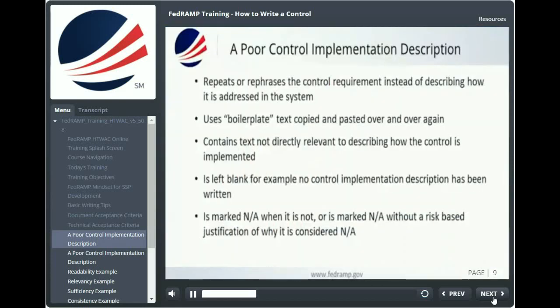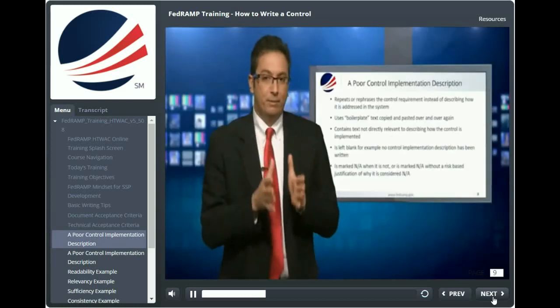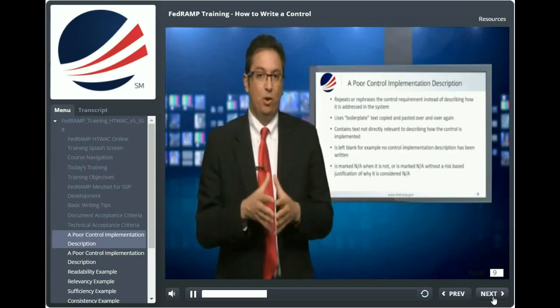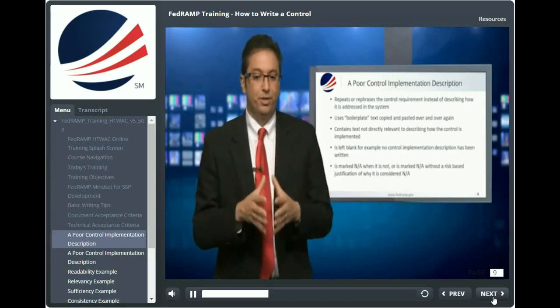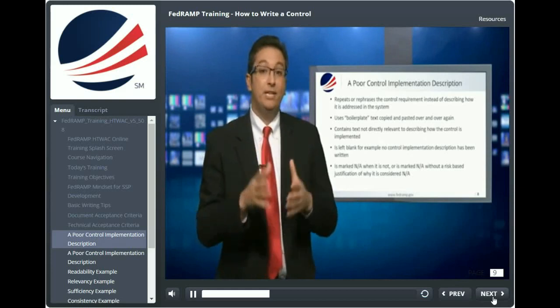If you leave an area in the SSP blank, again, that's going to come right back to you. They're not going to read it. It's not going to be reviewed. And if you have to put something in there that's not applicable, that's okay, but you need to make sure it is marked NA with a risk-based justification. We need to know why it's not applicable, so you need to put a reason in there.